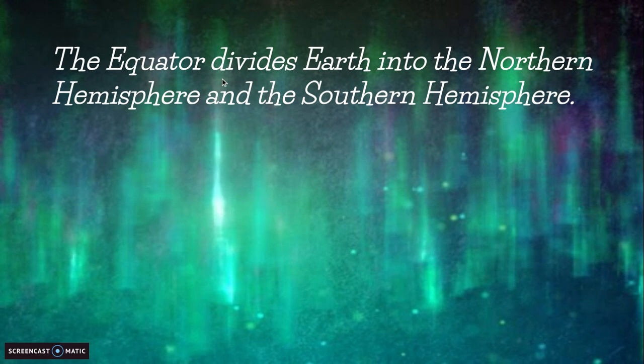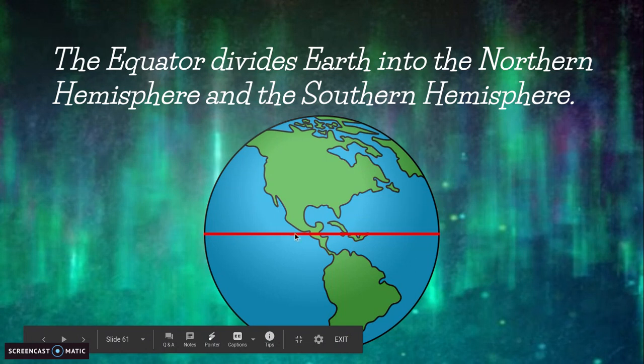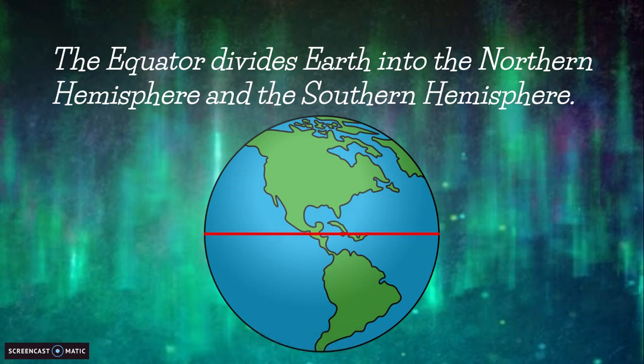So the equator divides Earth. All right, so we have Earth. Here's our equator. It cuts Earth in half. Remember, the equator is 0 degrees latitude. It is like the belt of Earth. It divides Earth into a top half and a bottom half.